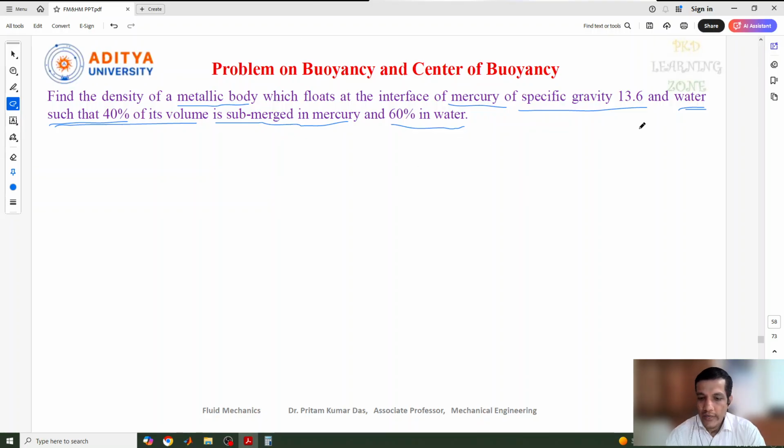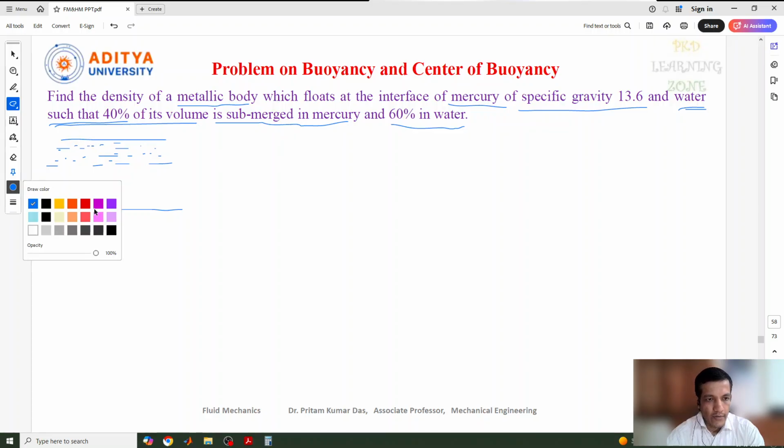So here let's consider this liquid which is present inside, and this is a different liquid, another liquid. I'll draw it here, because two different liquids are there. One liquid, let's consider water, another liquid is mercury.